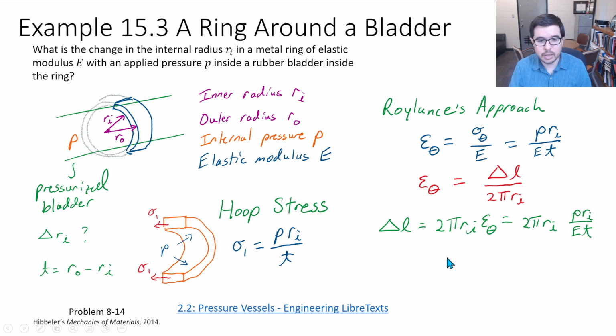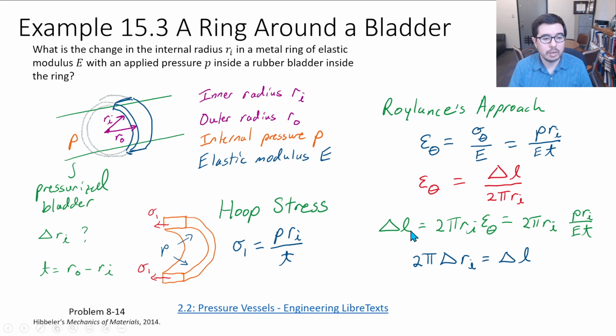And we can say that the change in length is going to be 2 pi Ri times this epsilon theta. Well, actually, we already wrote that. So we can simplify down a little bit.